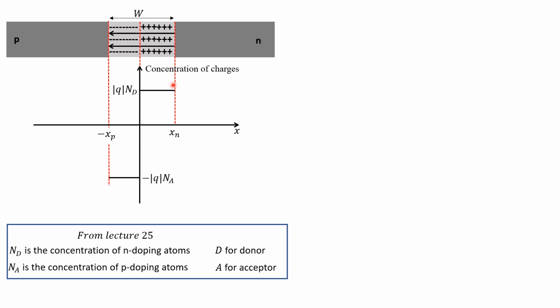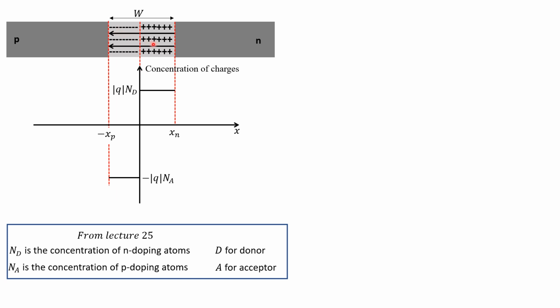We could have other kinds of doping profiles, but if we understand how the electric field and the depletion region width can be obtained assuming uniform doping, then we are well placed to understand how it can be obtained assuming more sophisticated doping profiles.